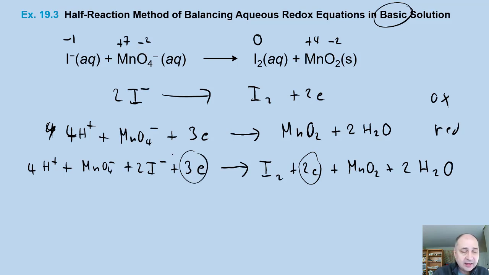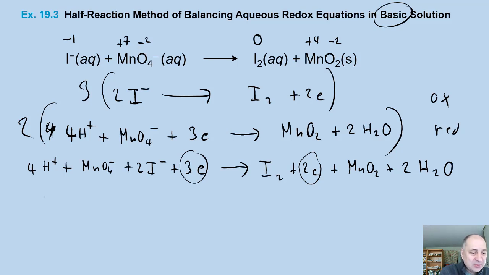So I made a mistake, but maybe this is just to demonstrate how you can catch your own mistakes, just like I did just now here. So I'll have to multiply this by 3, and I'll have to multiply this by 2 so that I get 6 electrons. So when I do that, let's do this carefully now, right?